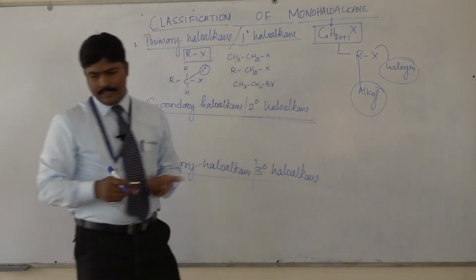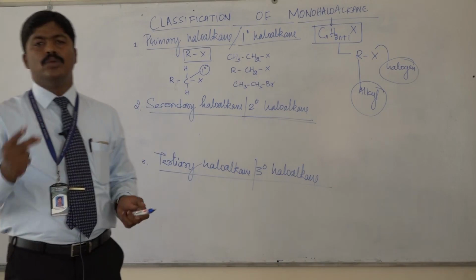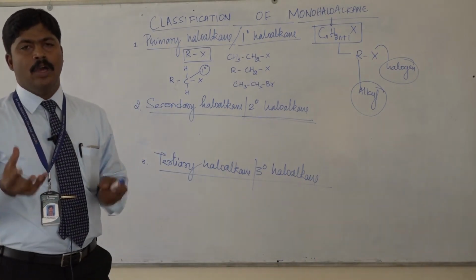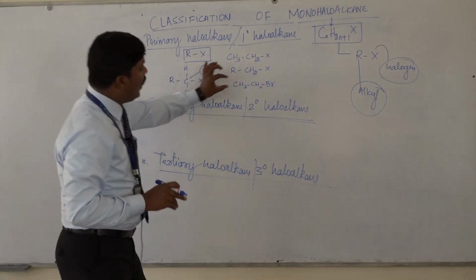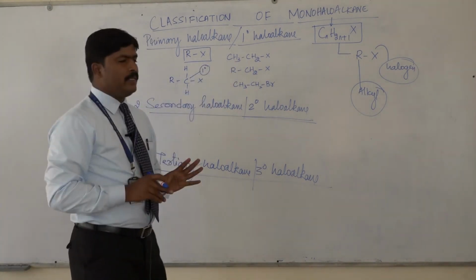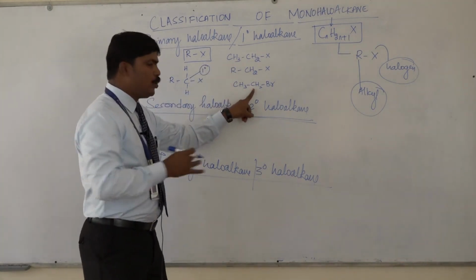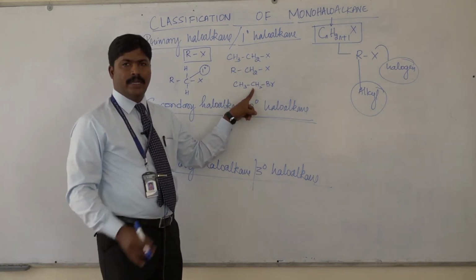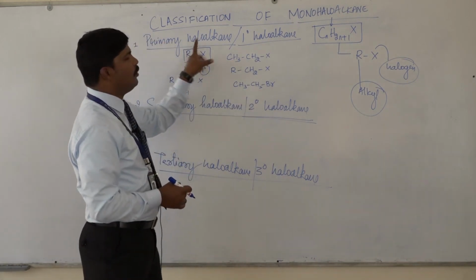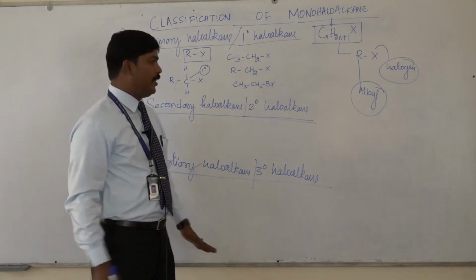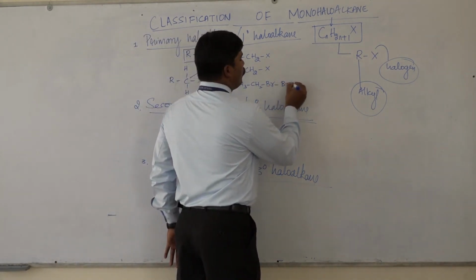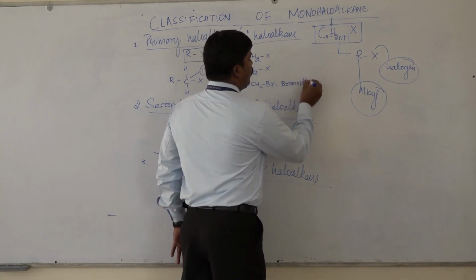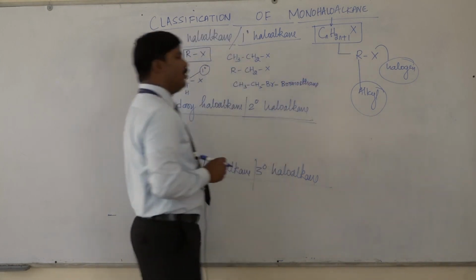So we have two definitions: the carbon which has two replaceable hydrogen atoms, or the carbon which has one alkyl group or one R bonded to it, is called a primary carbon. If bromine is bonded to that carbon, it is called a primary haloalkane or first degree haloalkane. A very simple example is bromoethane.